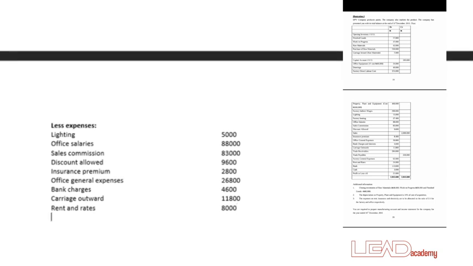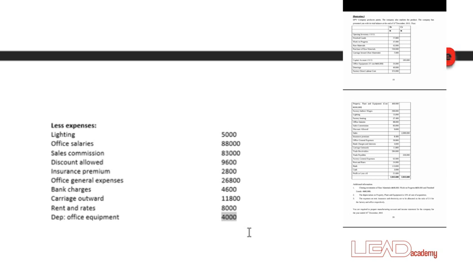After rent and rate, there was a depreciation in our question. So there was a 10% depreciation on office equipment. Now they said properties. Office equipment is also a property of the company. So once you take the depreciation of office equipment, which is 10% of 40,000, it gives you 4,000.